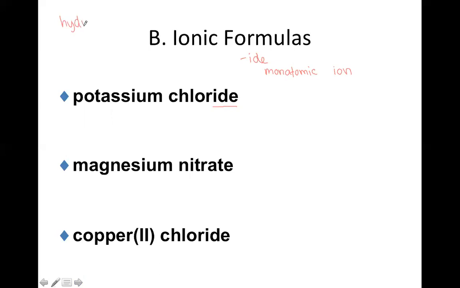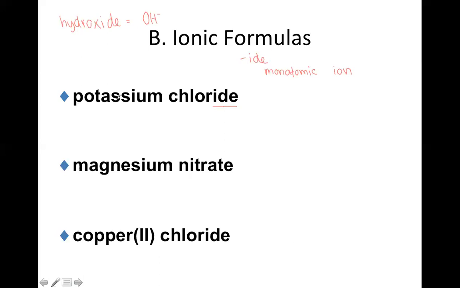That one does end in IDE, but hydroxide is a poly. So besides hydroxide, if the second ion ends in "ide", then that tells us it's a monatomic anion. So here, in potassium chloride, this "ide" means we're just looking at chlorine and not some kind of poly that has chlorine in it.